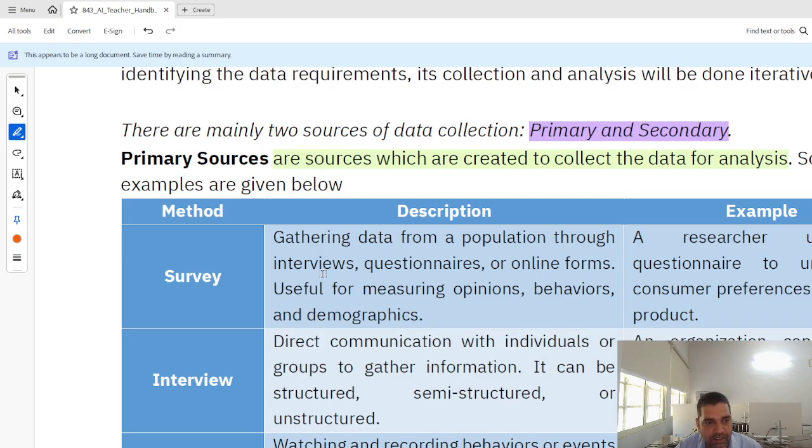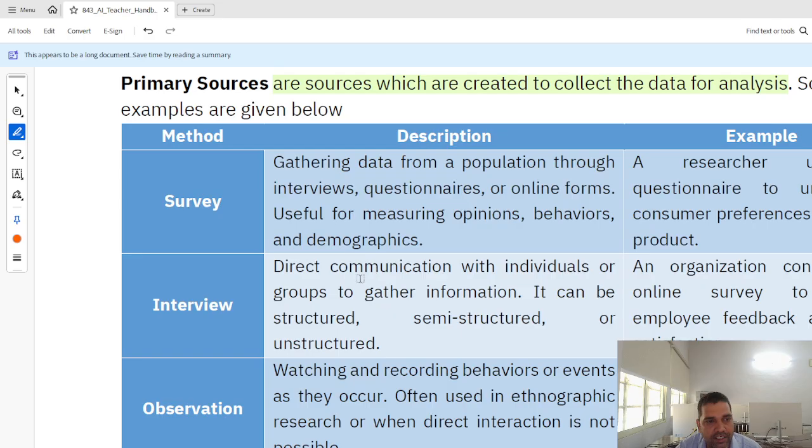The survey method is one example of a primary source of data collection. Next is the interview, direct communication with individuals or groups to gather information. Through an interview we can get structured, semi-structured, or unstructured data.